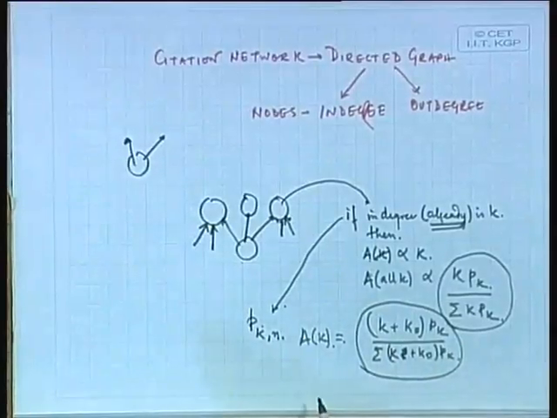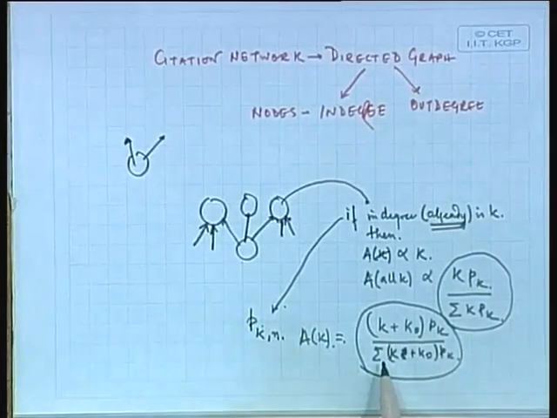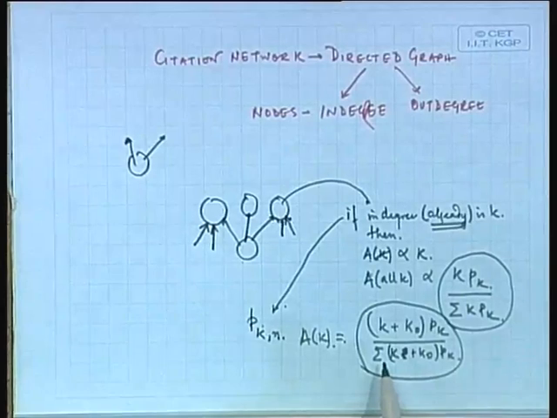So, that essentially means the probability that these k degree nodes will change to k plus 1 degree nodes if one edge is added. But if m edges are added, then what will happen?